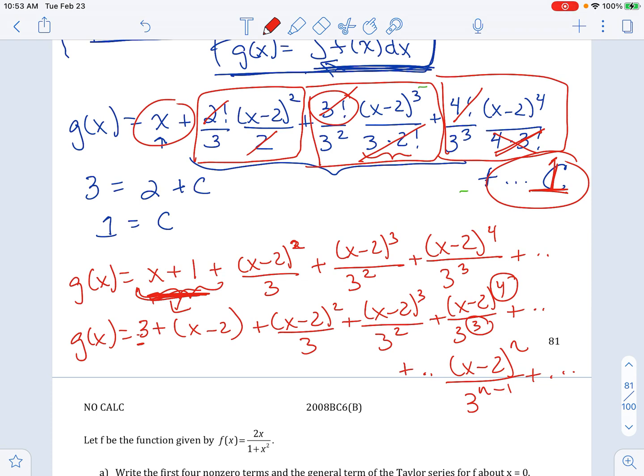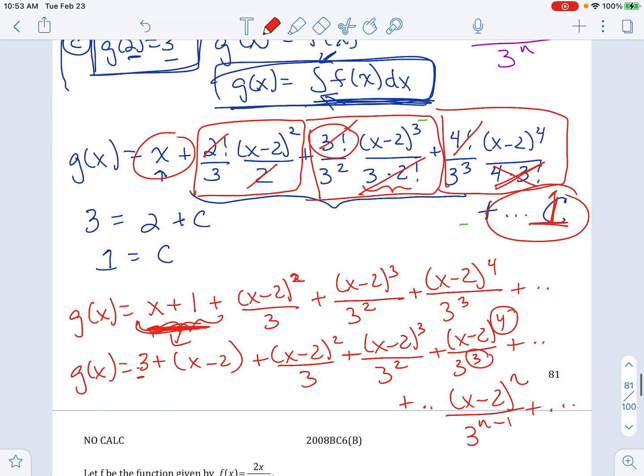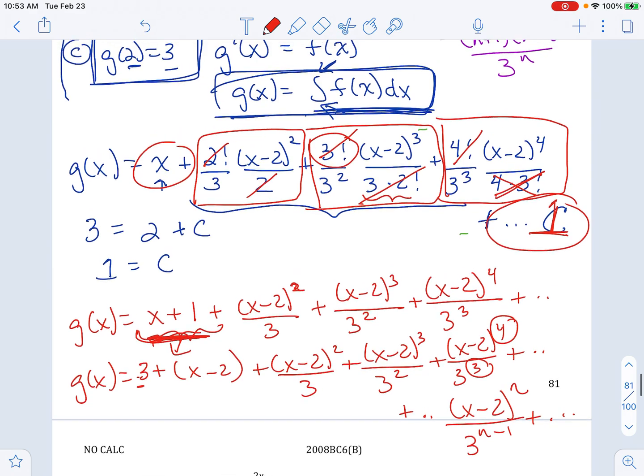Lastly, part D asks, does the Taylor series for g converge at x equals negative 2? So g was just the antiderivative of f, so that radius of convergence is going to be the same.